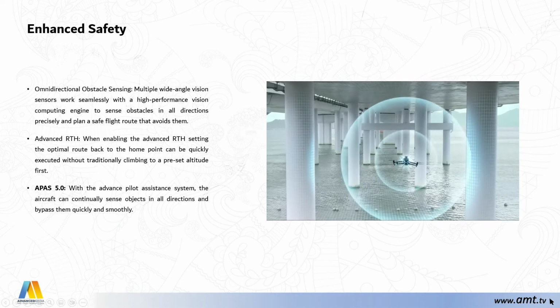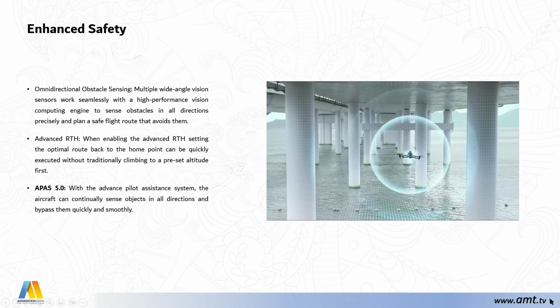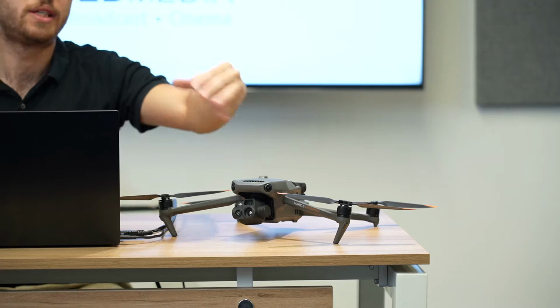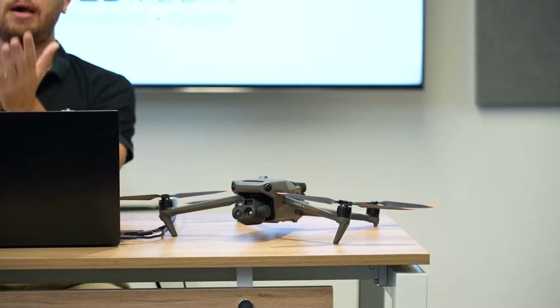The other thing is the APAS system. The version is 5, and it stands for Advanced Pilot Assistance System. As I mentioned, it will work with the obstacle sensors to understand the surrounding area, and it will give the drone the ability to bypass obstacles. In the traditional way, when the drone senses an obstacle in front, it will only brake, and the pilot has to change the direction of the drone.